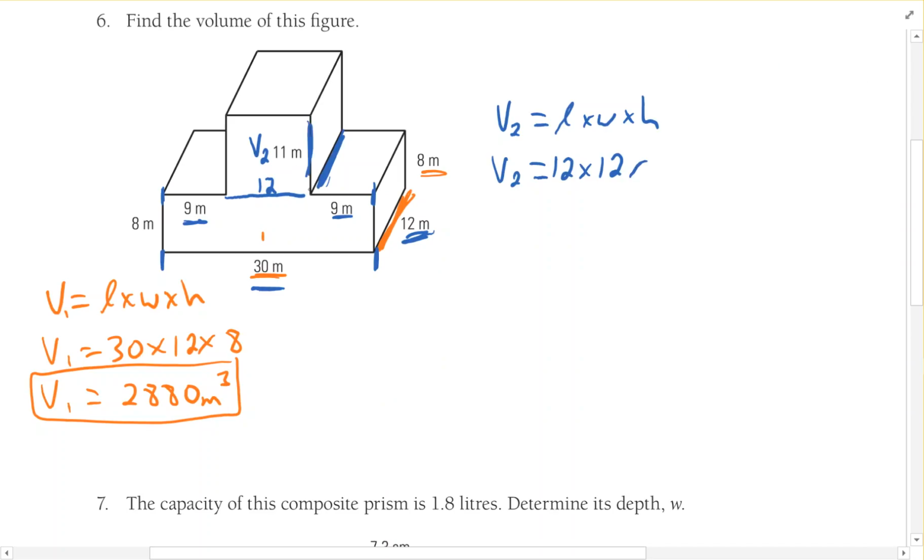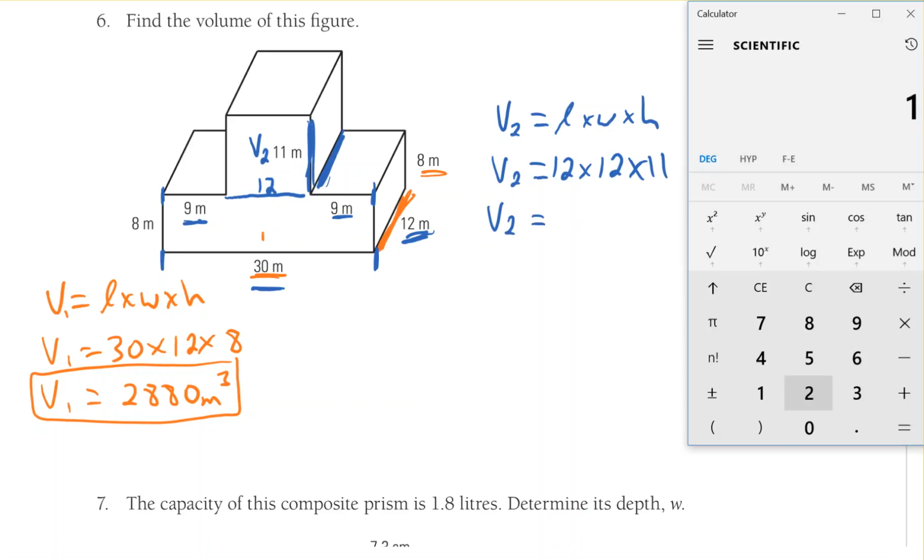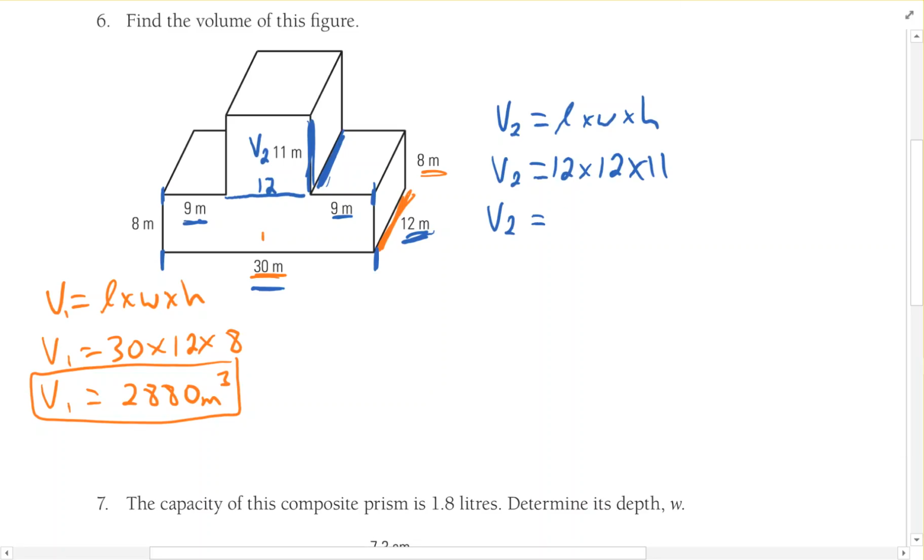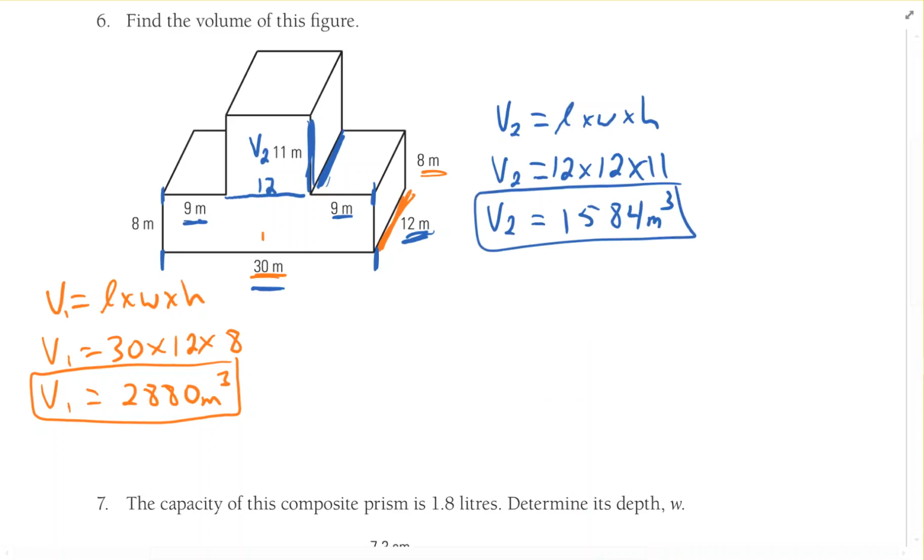So V2 is equal to 12 times 12 times 11, which is 1,584 meters cubed.